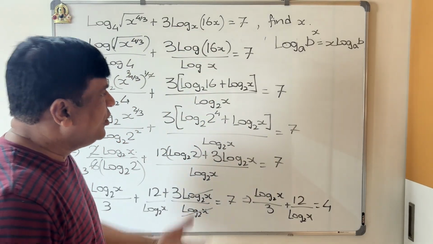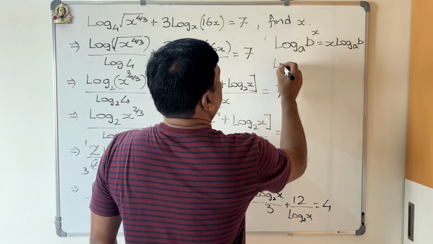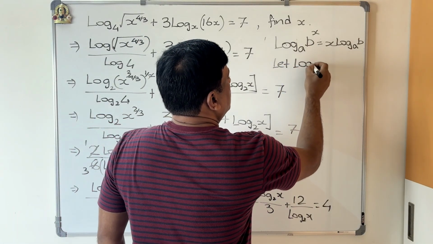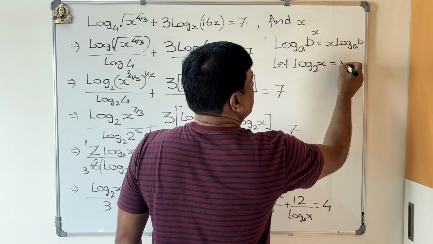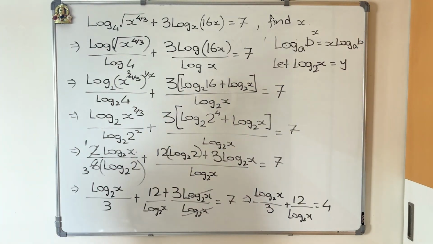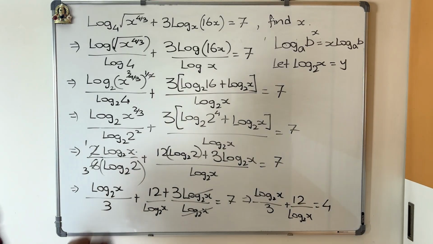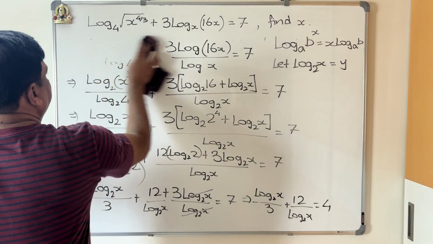Now what are you going to do? You need to basically substitute. Let log base 2x be equal to y. Okay, then what happens? It becomes an algebraic equation. You basically switch the problem to algebra.